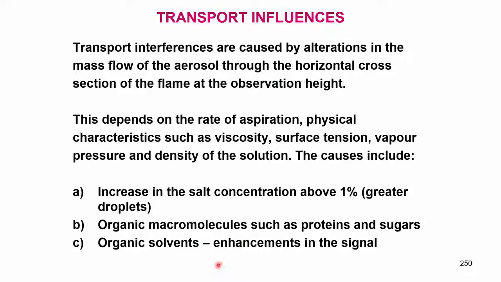But an exothermic reaction also means a higher flame temperature. The higher the temperature of the flame, the more the free atom concentration. So, if I use organic solvents, I can get higher sensitivity.